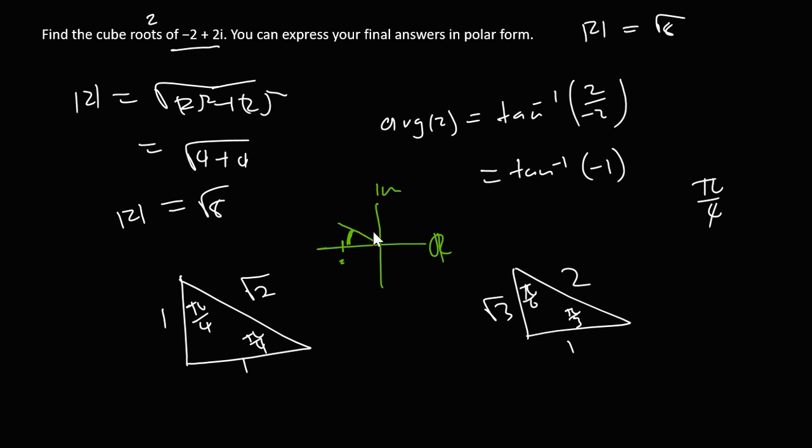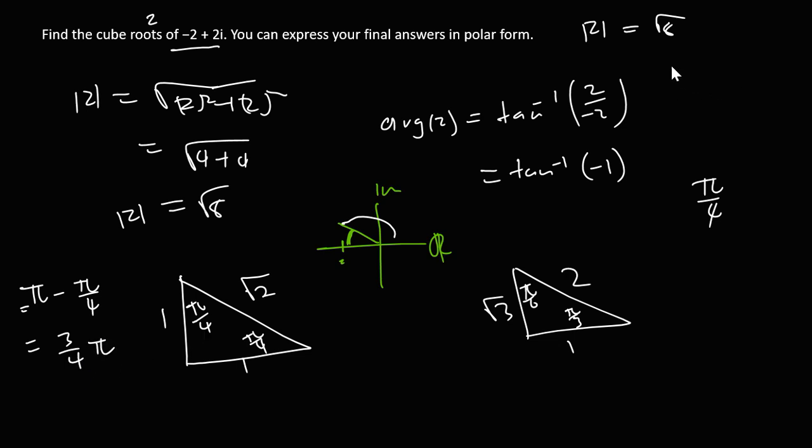Remember, we're working with an angle from here to here. From the half revolution, we know that it equals pi, so we're just going to say pi minus pi over 4. That is obviously going to give us an argument of 3 over 4 pi.